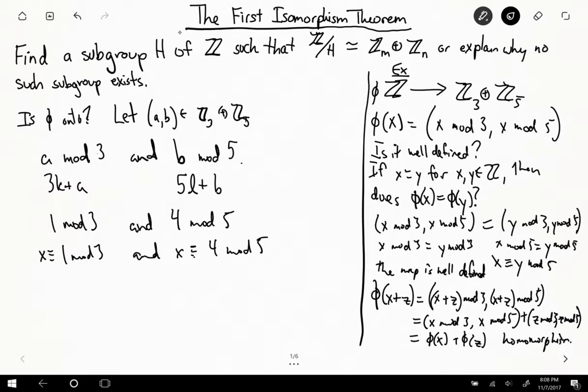Right, well, let's think about it. Look at the multiples of 3. For 1 mod 3, you'll have 1, 4, 7, 10, so on and so forth, right?